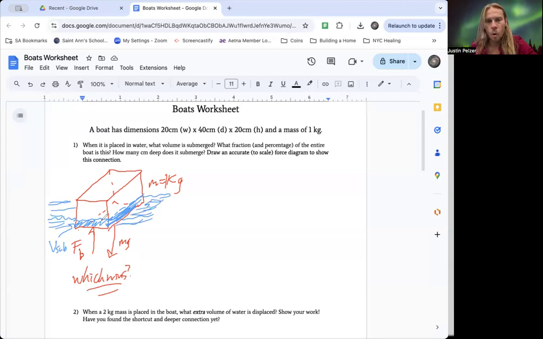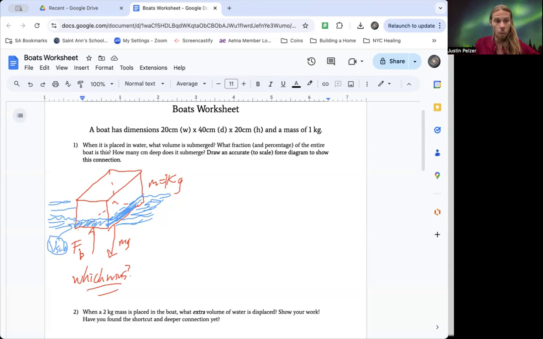This now becomes the only important part of the boat that matters. This V sub is the only part that the water is squeezing. And remember, the water squeezes and ultimately produces an upward force of buoyancy. So squeezing inward pushes it up. That's buoyancy, and it only depends on V submerged.